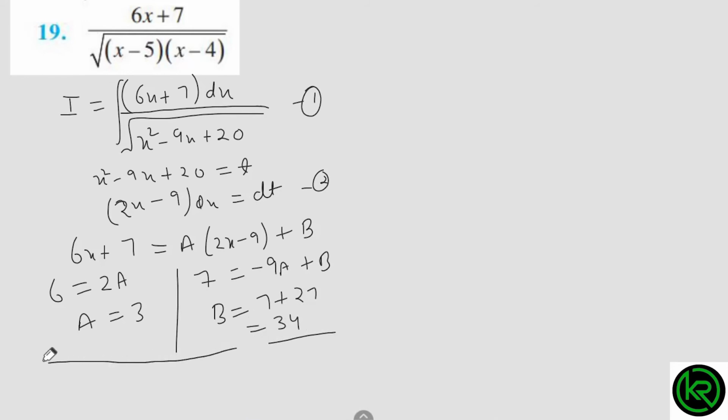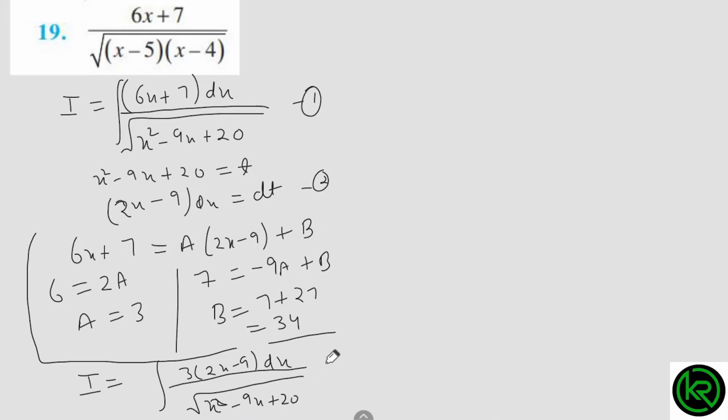So putting this value, I will now become the integration of 3 times 2x minus 9 dx under the root of x square minus 9x plus 20, and another is 34 dx upon the root of x square minus 9x plus 20.